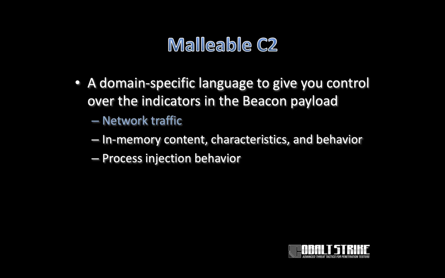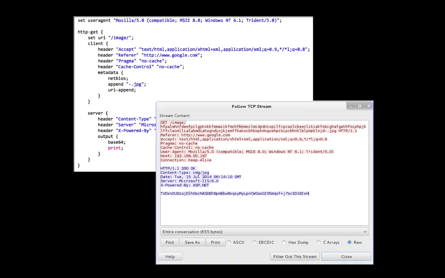And you have fine-grained control over how beacon does process injection as well. Malleable C2 also has options to set advanced options in Cobalt Strike's post-exploitation DLLs as well. For this lecture, we're primarily going to focus on network traffic.